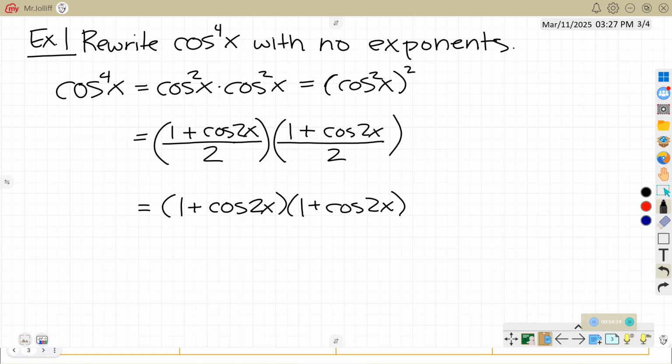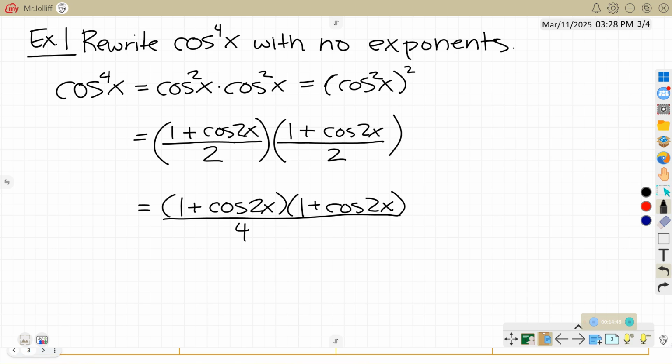Binomial times a binomial. On the bottom, 2 times 2 is 4. Happy face. That is less scary. Each of those parentheses in the numerator has 2 terms, 1 plus something, 1 plus something. Those are binomials. We have 2 ways to multiply binomials.